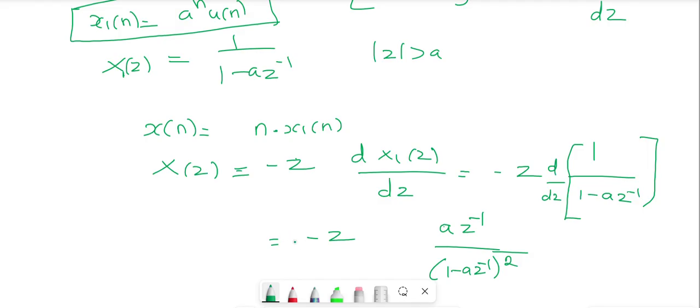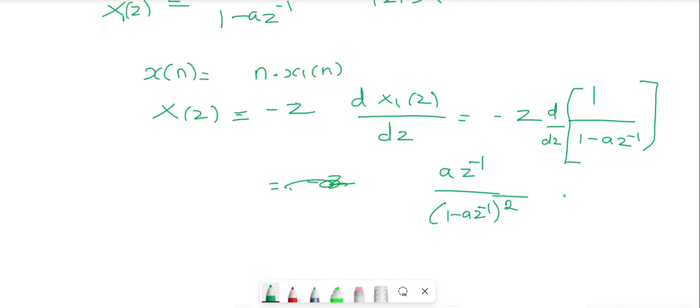Again, for the ROC of this one, how do you define it? 1 minus a z inverse should be greater than 0. So now z is greater than a.